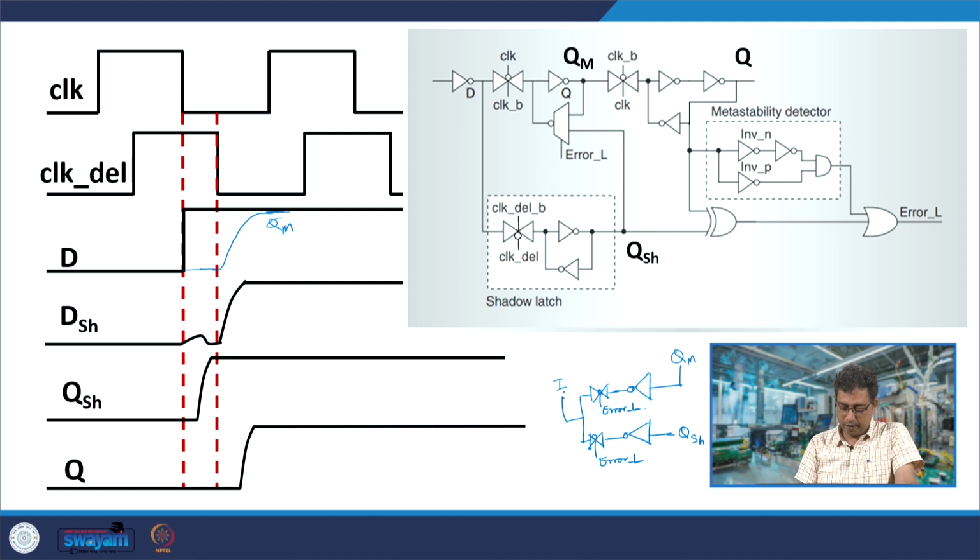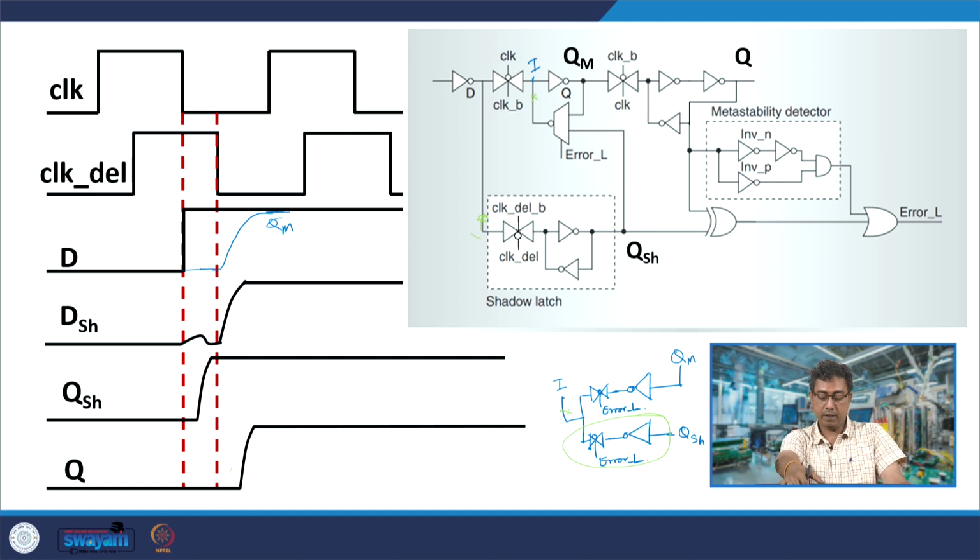This goes to the node I, where this is the node I. So, as far as possible, this path should be fast enough, so that Q is resolved to the right value very fast. If you increase the size of this, it would load the shadow latch. So, a careful design from this input to I must be done, so that the delays are small.